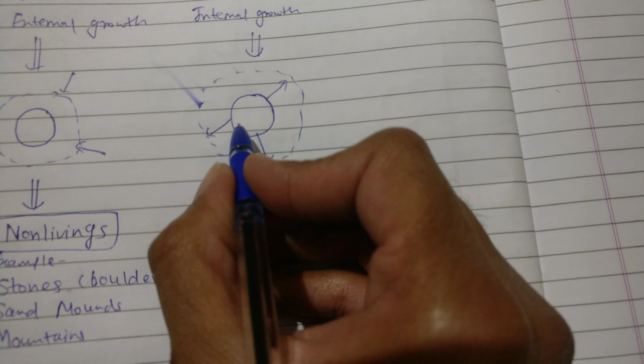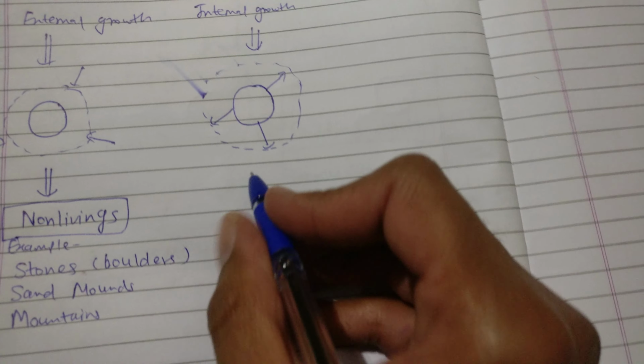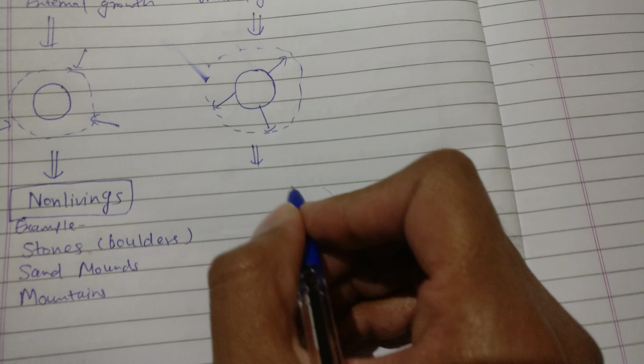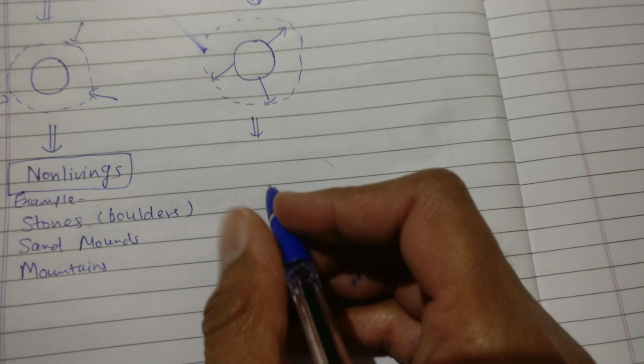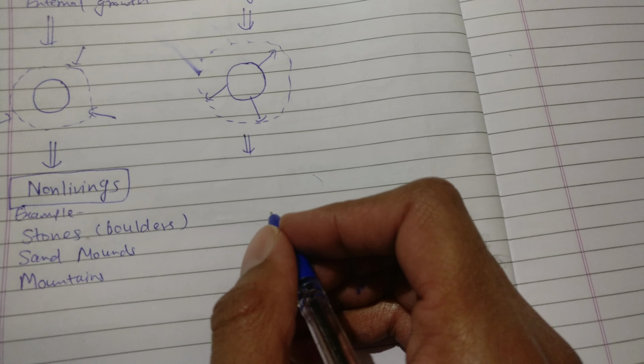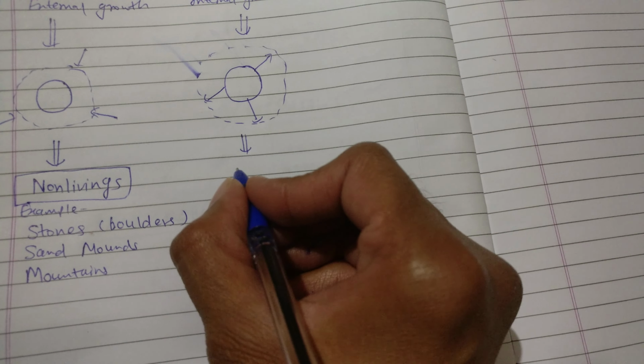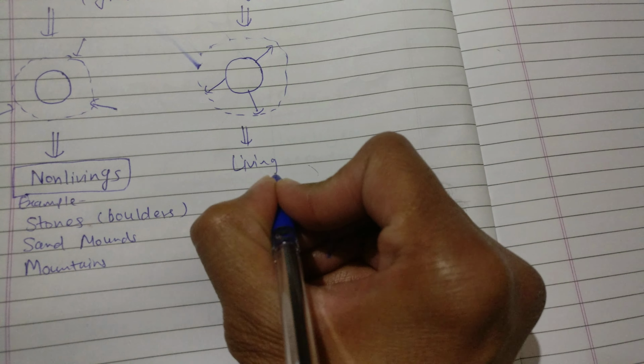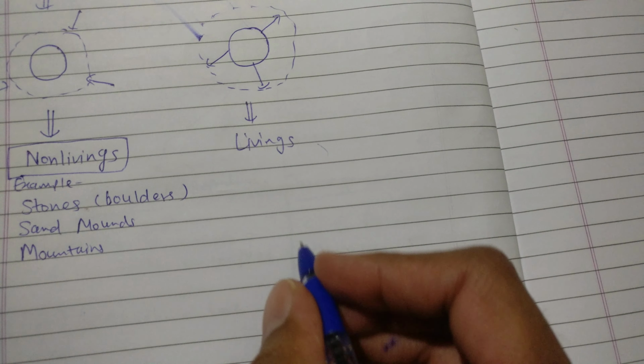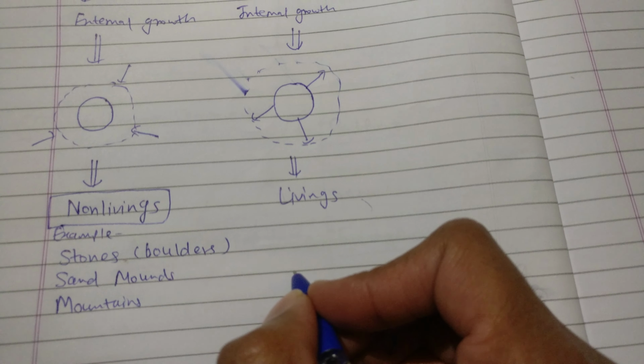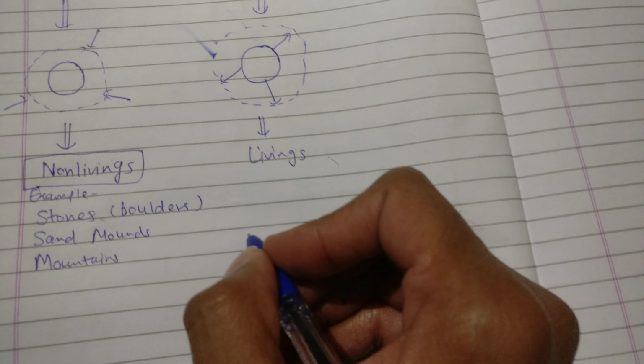So again the size increases, but due to internal growth, from inside. This type of growth is found in livings, in all types of livings.